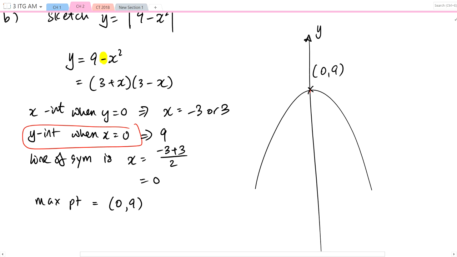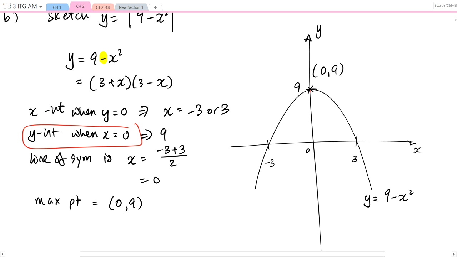So this is my y-axis, and this value over here is actually 9. That is my y-intercept. If that is 9, then my x-axis is found below it, this being negative 3, that is the x-intercepts, and this being 3. So this is now 0. And this is my graph of y equals to 9 minus x squared.